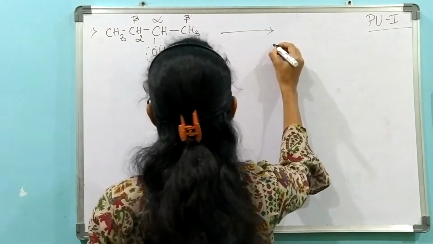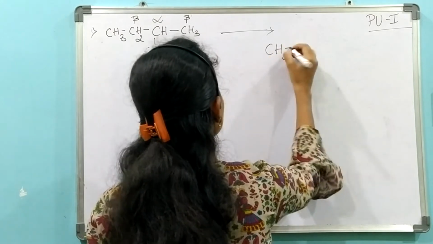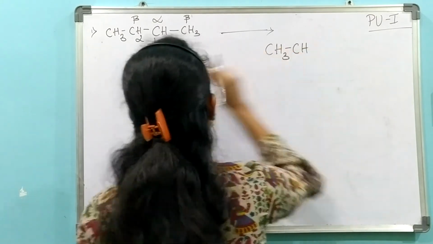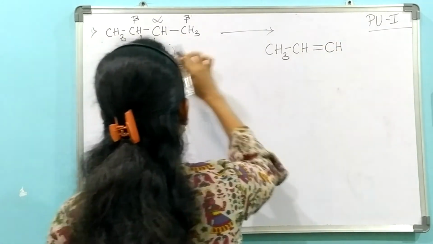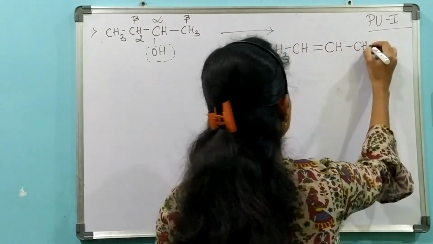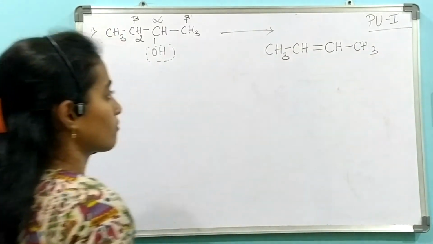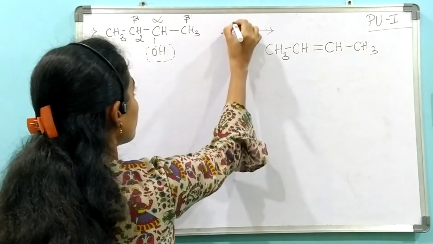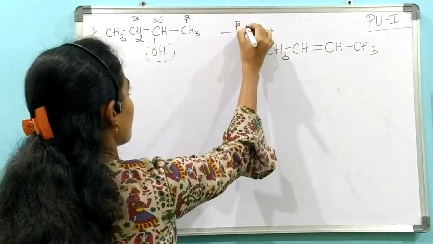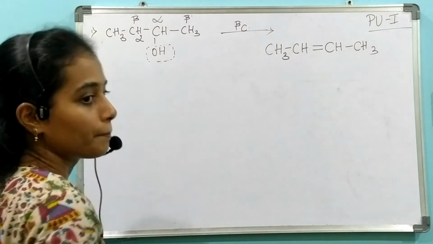So the product formed will be CH3, CH, one hydrogen from here I have removed, therefore you get a double bond by removing the OH minus, CH3. What did I do? I have removed the hydrogen from the beta carbon.